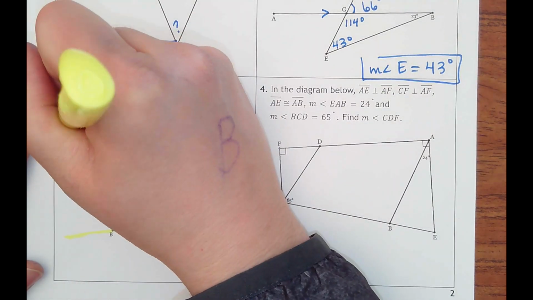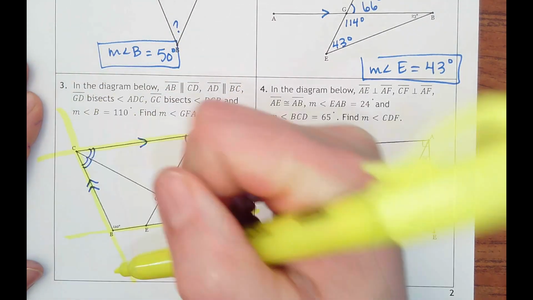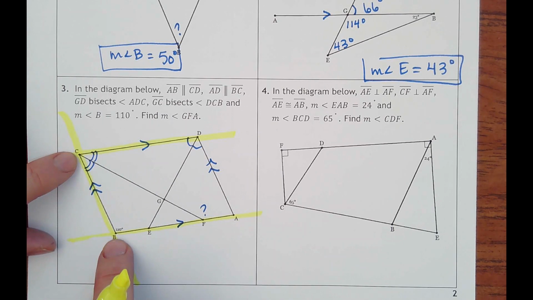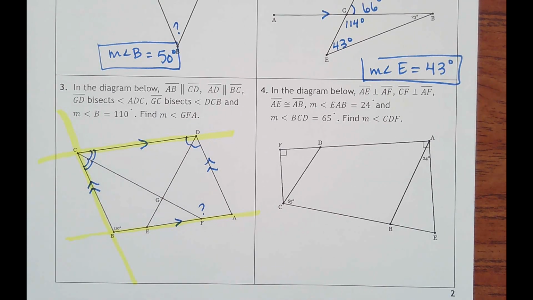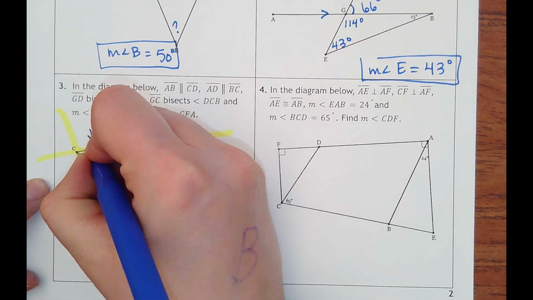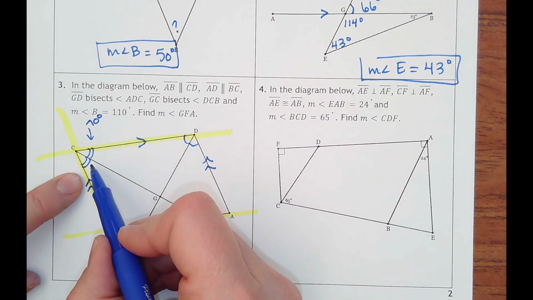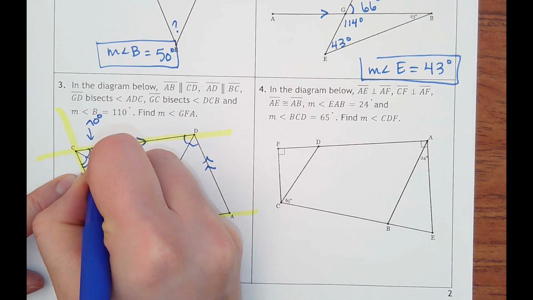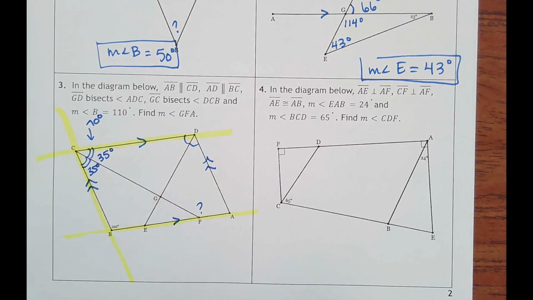And then I've got this as my transversal. So this angle, that's 110 degrees. And this angle here, these are same side or consecutive interior, and they should make a 180. So if I did 180 minus 110, that would put this whole thing as 70. But I also know that these two should be equal. So if I split 70 in half, each angle is 35 degrees.